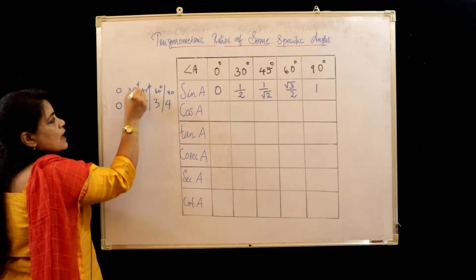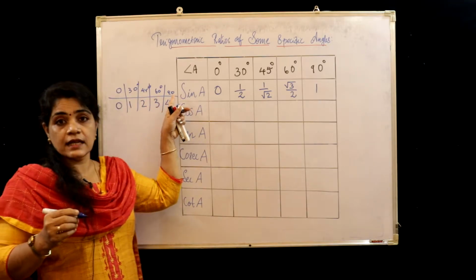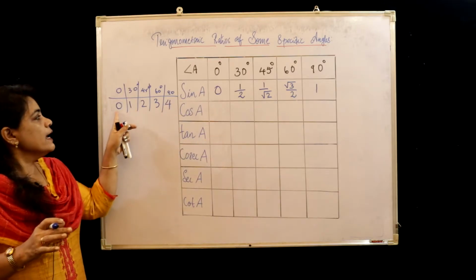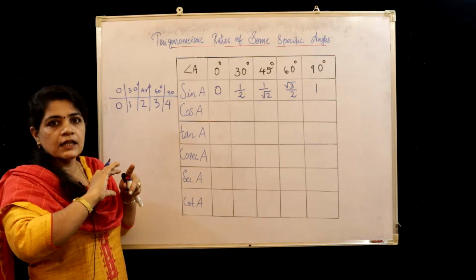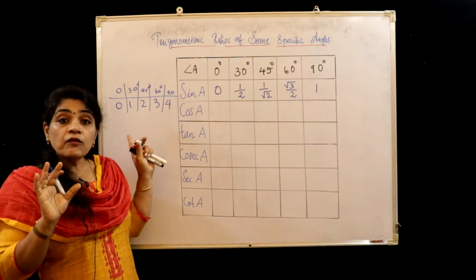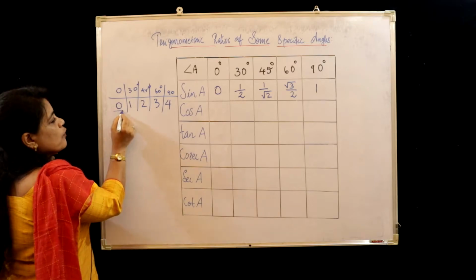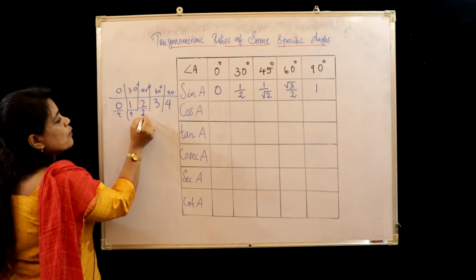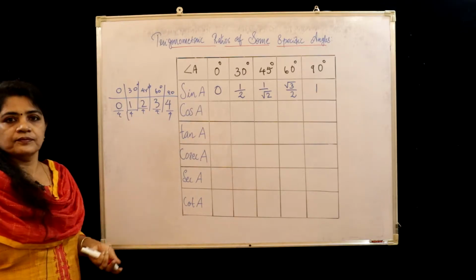These are the specific angles I have written over here, 0 to 90 degree, 5 measures. In the first column, write the whole numbers starting from 0 to 4, and you divide these 5 entries by 4: 0 by 4, 1 by 4, 2 by 4, 3 by 4, finally 4 by 4.